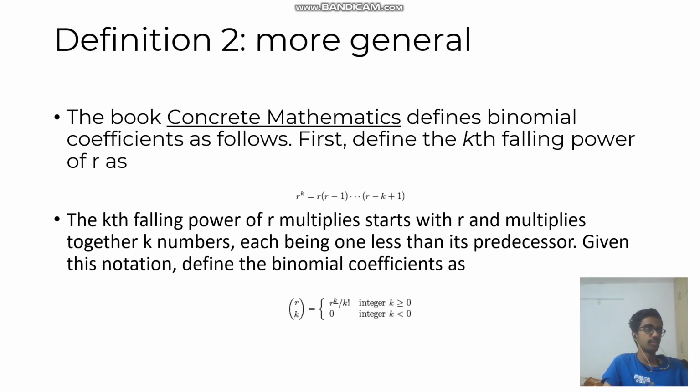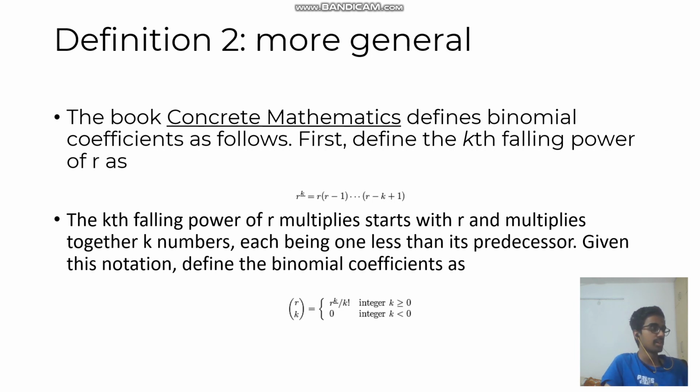First, define the kth falling power of r as r to the power k falling equals r times (r minus 1) and so on till (r minus k plus 1). The kth falling power of r starts with r and multiplies together k numbers, each being one less than its predecessor.